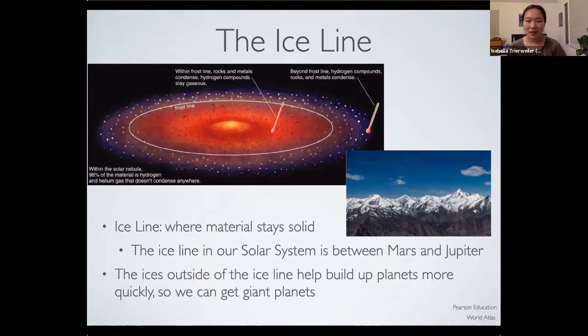So if you're outside of the ice line and you can build up your cores super quickly with ice, you can start to get giant planets more quickly on the outside, whereas on the inside, you don't get that extra boost from these ices. So our difference between giant and tiny planets led us to some knowledge about the ice line, which is useful in making this distinction between the two types.